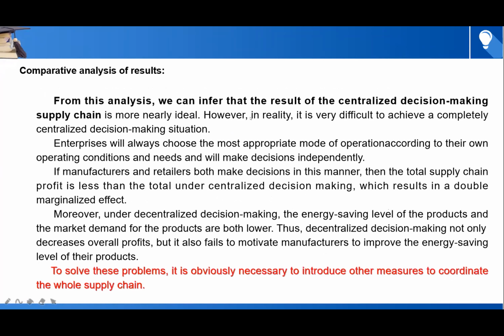However, in reality, it is very difficult to achieve a completely centralized decision-making situation.